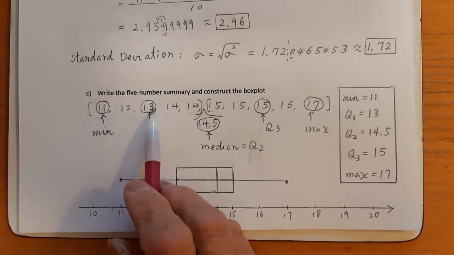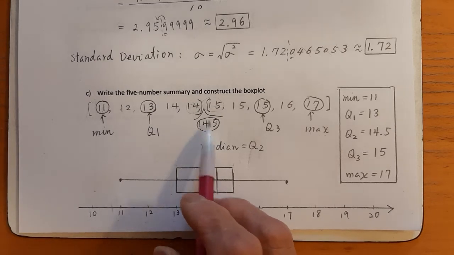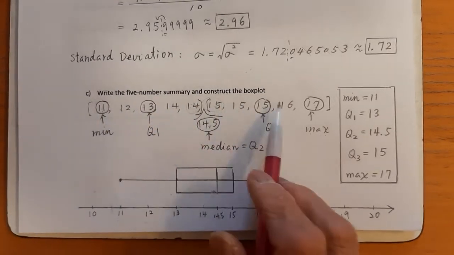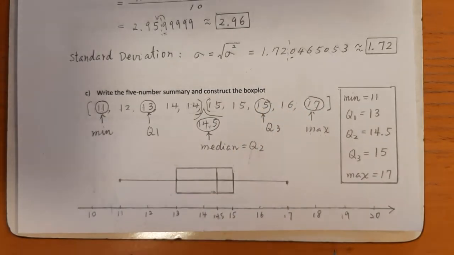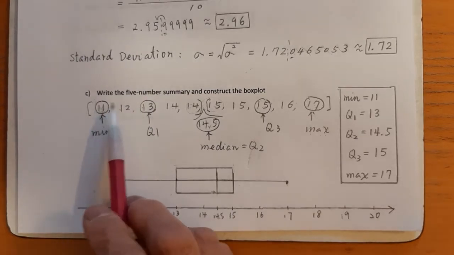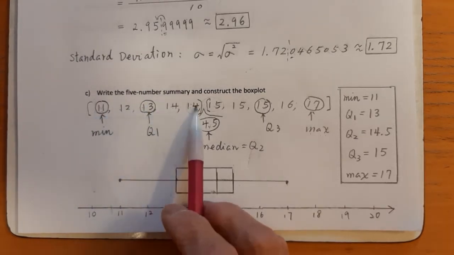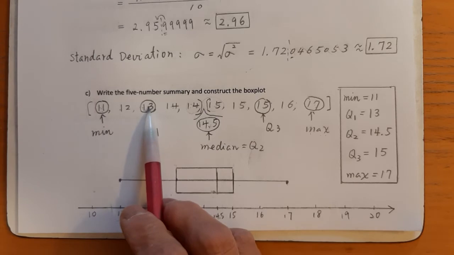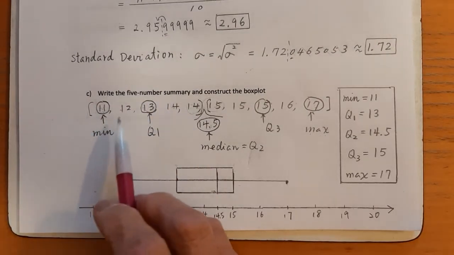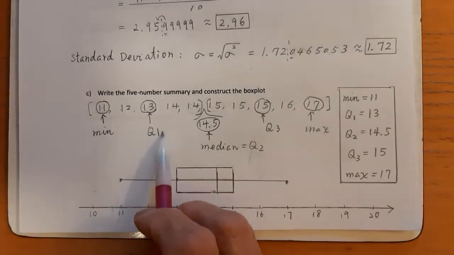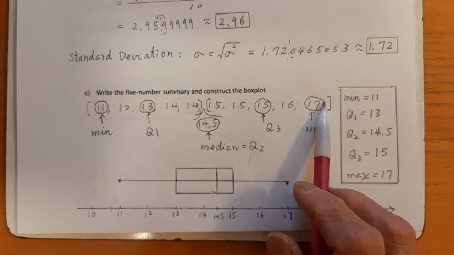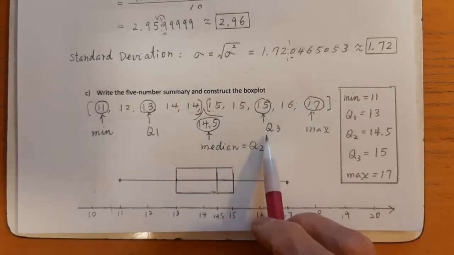This median separates the data into a lower half and an upper half. The lower half has 5 numbers, and the upper half also has 5 numbers. Find the median of the lower half: 1, 2, 3, so 13 is the median of the lower half. That number we call the first quartile. The upper half has 5 numbers; also find the median.